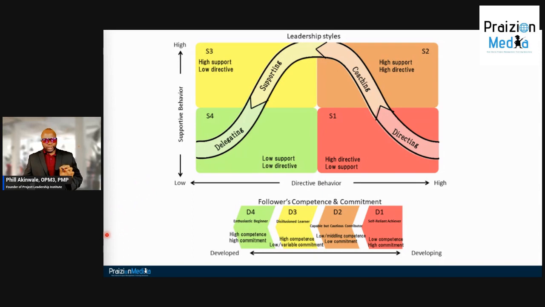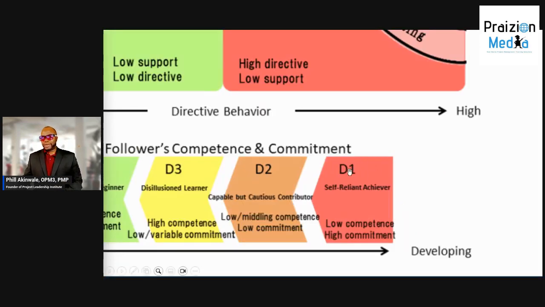If you were working with an individual that doesn't know what to do as well as other people, in fact, if you were comparing them on a continuum, you would say that they have low competence. They may have high commitment, but they are not able to do the work as well as others because they may be new. We refer to them as being in this D1 quadrant. Low competence, high commitment. Eager beavers.